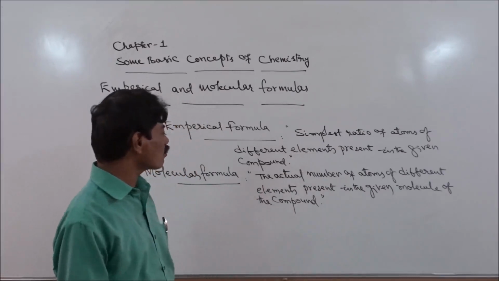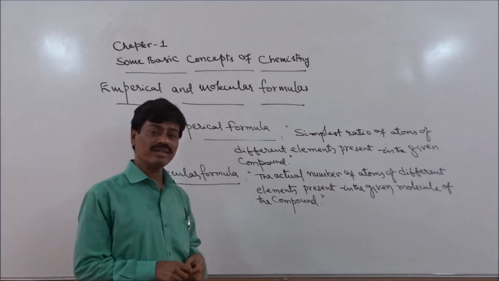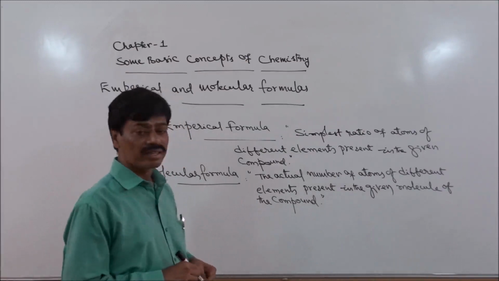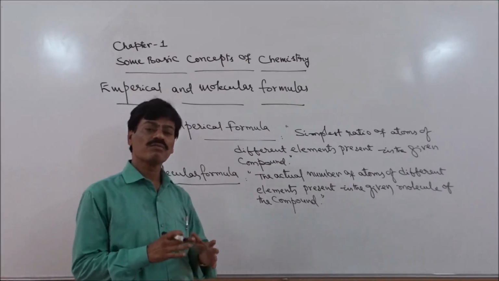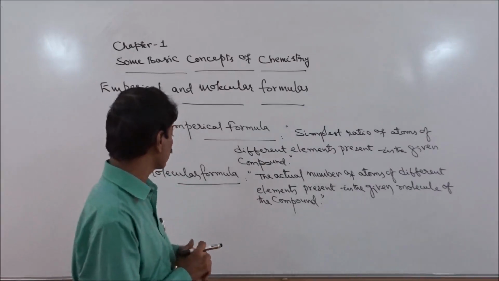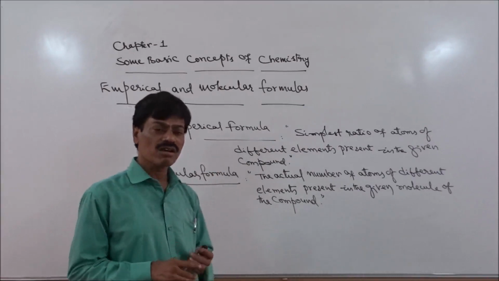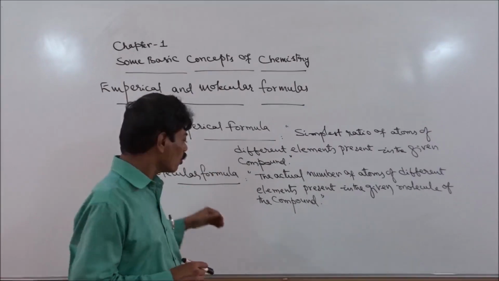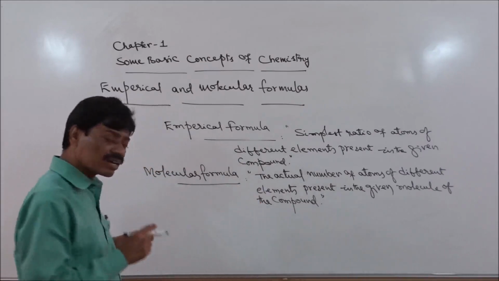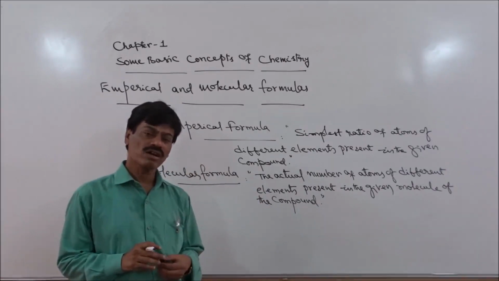Here empirical formula can be written in the form of EF, and molecular formula can be written in the form of MF. Abbreviations we can say. EF stands for empirical formula, MF stands for molecular formula. Now we will see one example for this, and also the relationship between empirical formula and molecular formula.